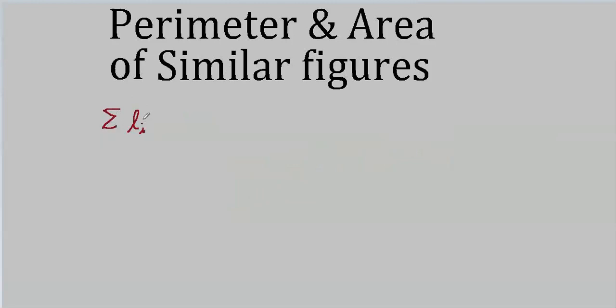And we could write this as L sub I. This is the sum from 1 to n of L sub I. For instance, this is generalized. If this were a square, n would be 4. But, of course, every side in a square is congruent. So this notation would be kind of clumsy for something like that.